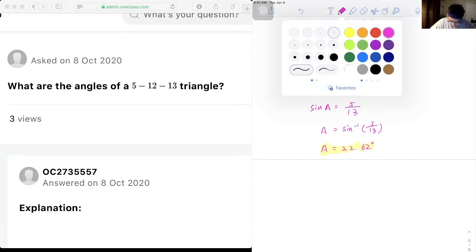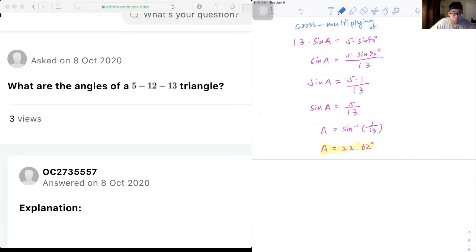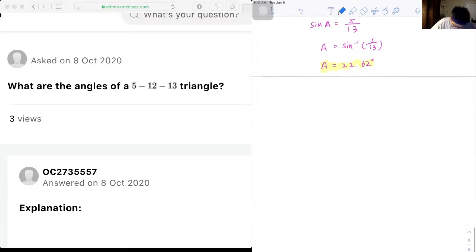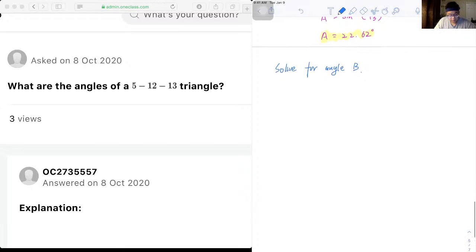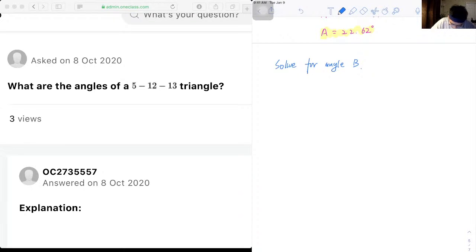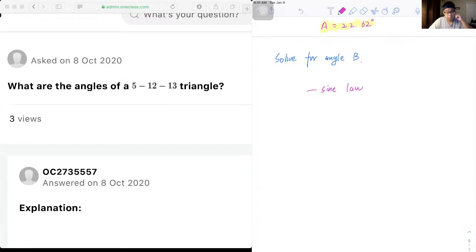And lastly, we need to solve for the remaining angle B. Okay, let's solve for angle B. And there are several ways of doing that. You can approach it with the sine law. Let me just write it down here. You can do it by using the sine law, which is what we used for the angle A part.